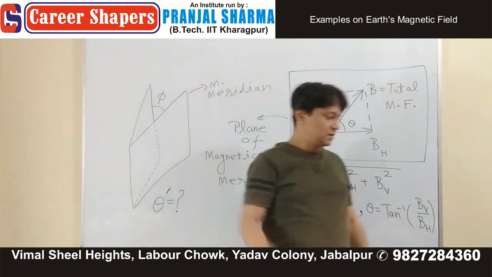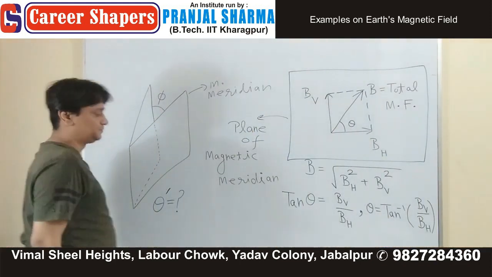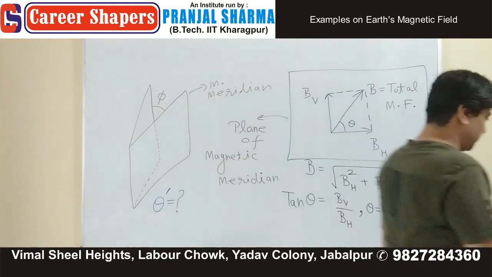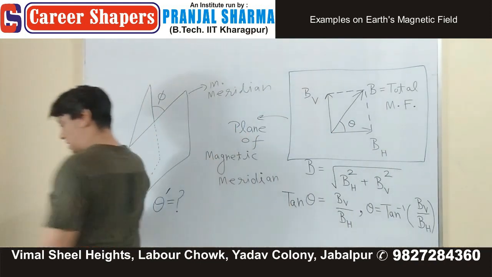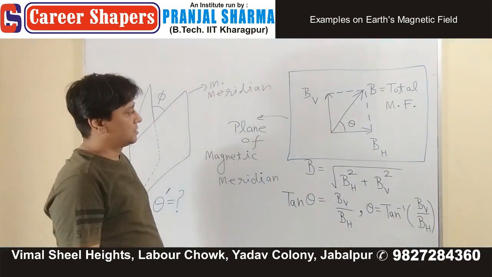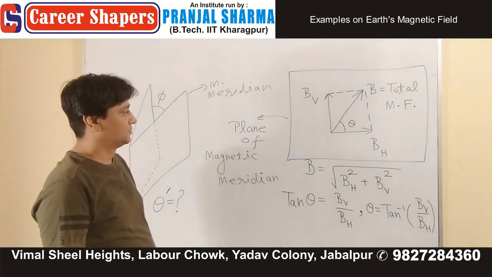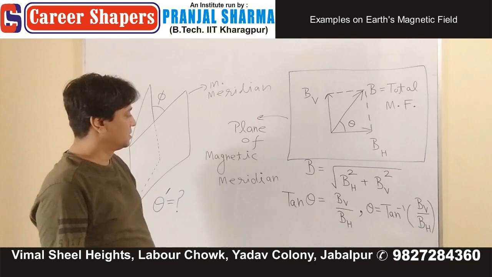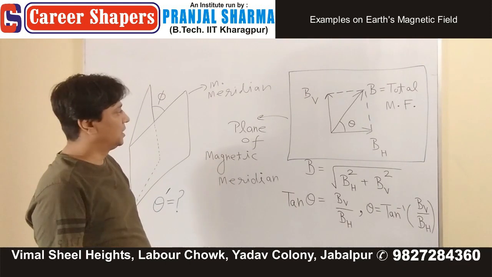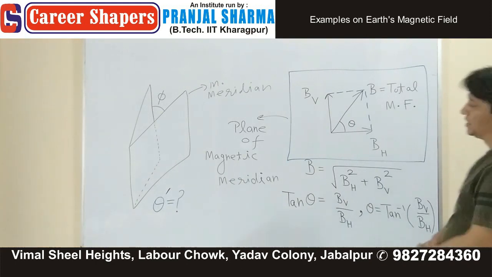In fact, write down the question in detail, maybe then you will be able to answer the whole part. BH and BV are magnetic field components in the plane of magnetic meridian.